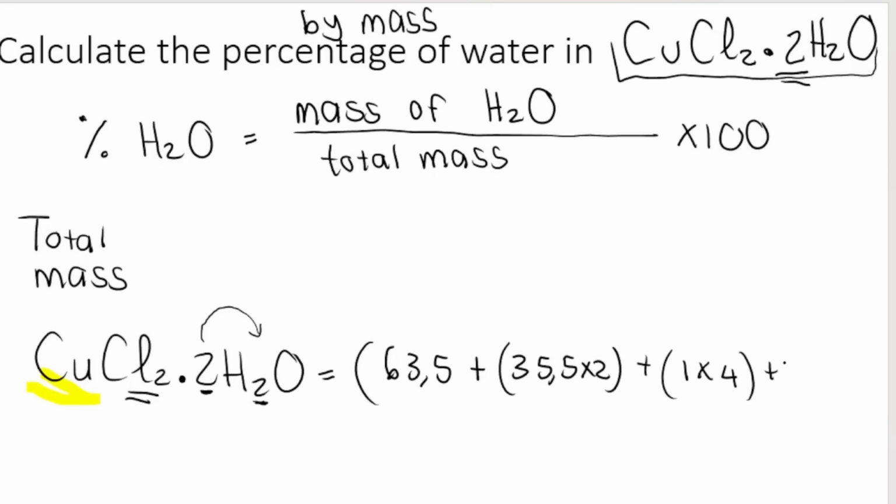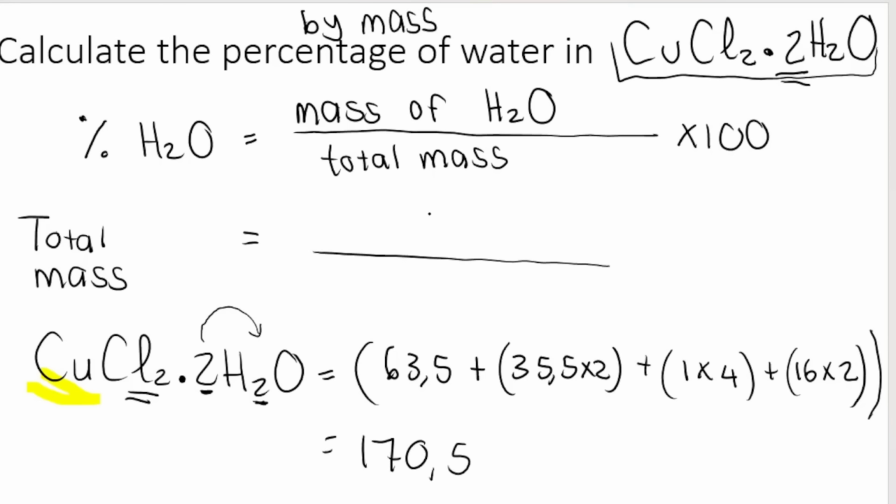Then we add the atomic mass number for oxygen, which is 16. We have 2 oxygens because the big 2 applies to the oxygen as well. Then we add all of that together and we get the total mass. Remember, that's the denominator of the fraction. So let's do that. We get our denominator: 170,5 grams per mole.